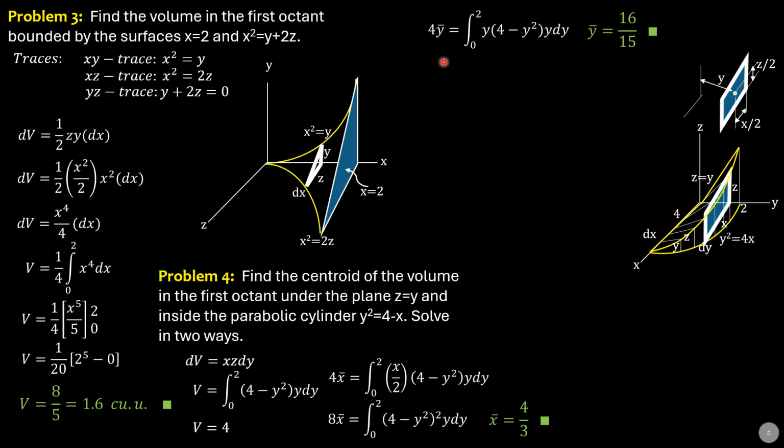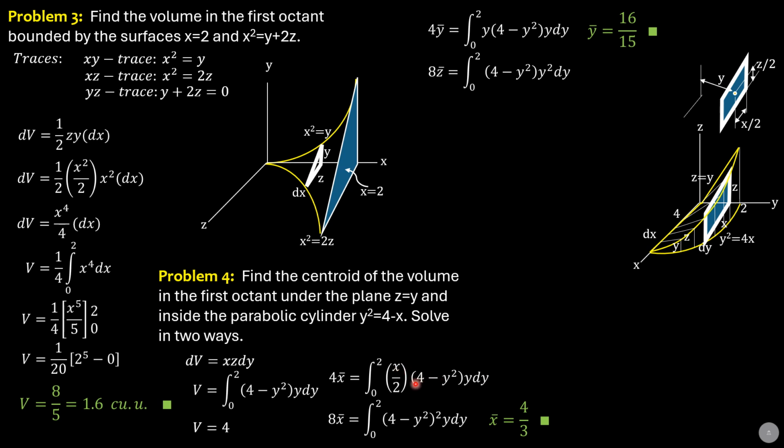Then likewise, 4 times barred z is equal to integral of z sub c dV, where z sub c is z over 2. So 4, which is the same as this, because we just replace this by z over 2. So 8 barred z equals integral of z, which is equal to y, then y times dV.